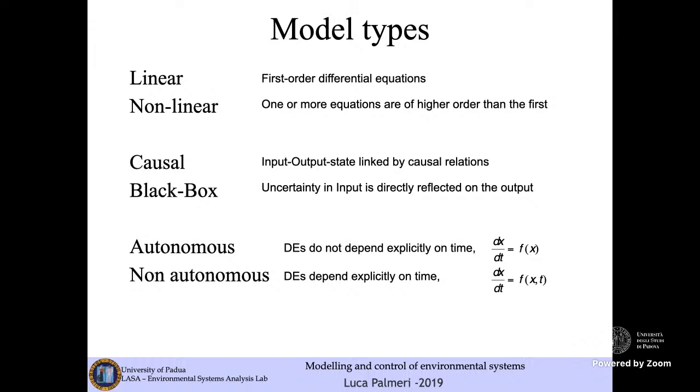In practice, most mathematical models you shall employ to describe complex environmental systems are in between these two extremes. So they are in between causal and black box models. So we try to be causal when we can be causal, and instead we shall be black box when we do not have enough information on the processes that we are describing.